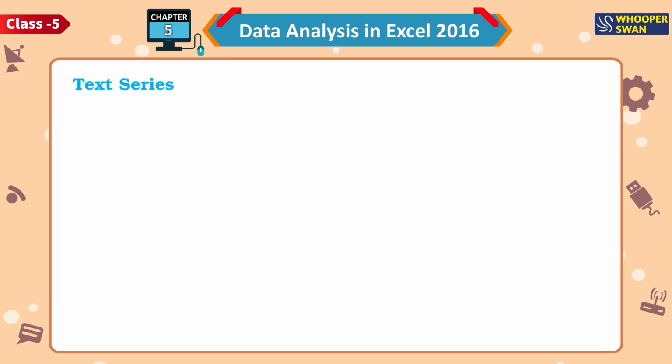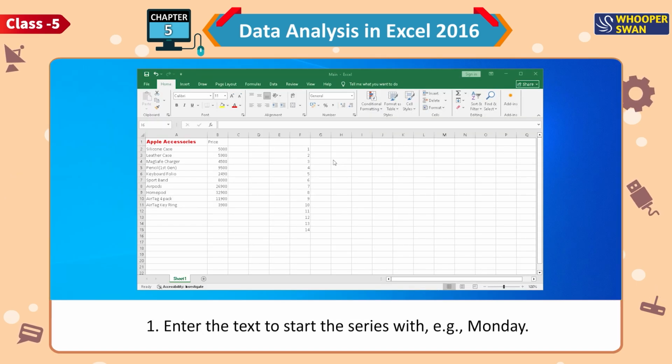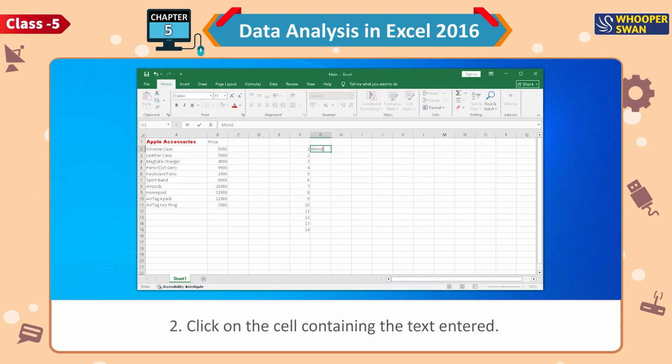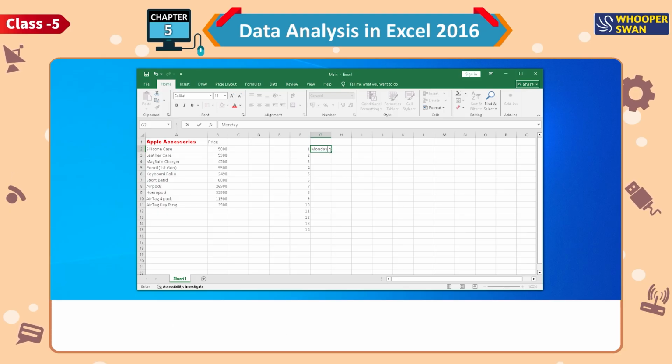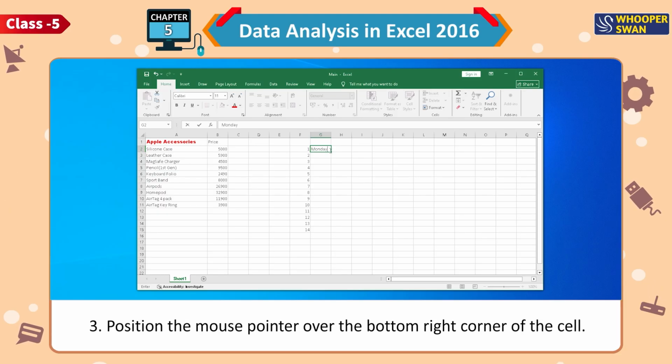Text series. Follow the steps to create text series. Step 1. Enter the text to start the series with, for example Monday. Step 2. Click on the cell containing the text entered. Step 3.